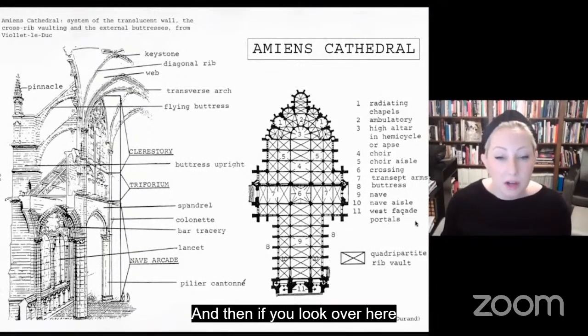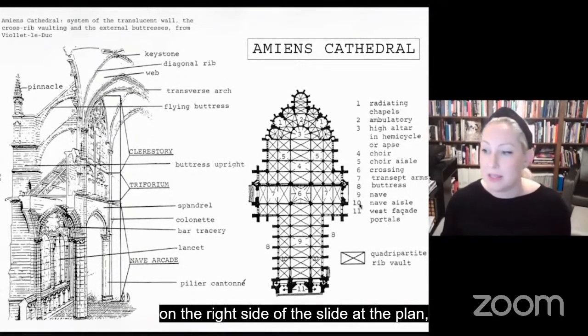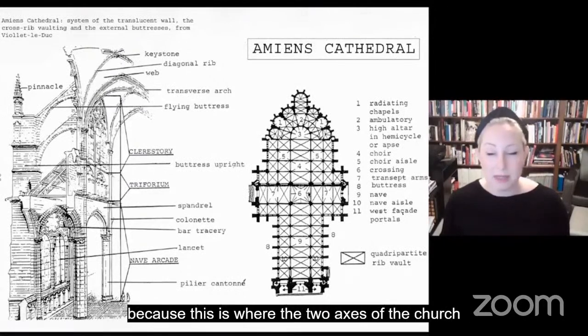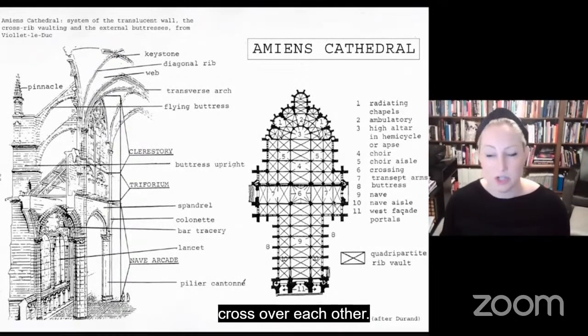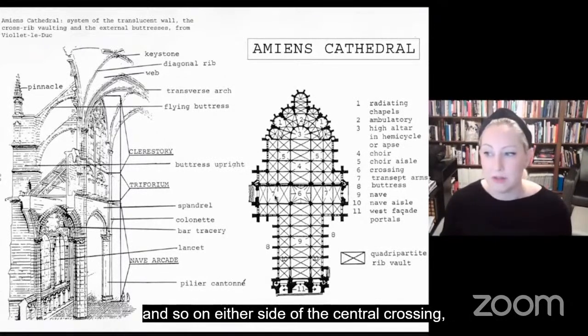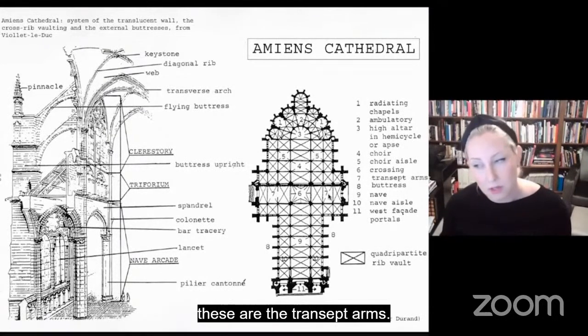And then if you look over here on the right side of the slide at the plan, a couple key terms for you to know. Right in the middle is what's called the central crossing, because this is where the two axes of the church cross over each other. The horizontal axis you see here is called the transept. And so on either side of the central crossing, these are the transept arms.